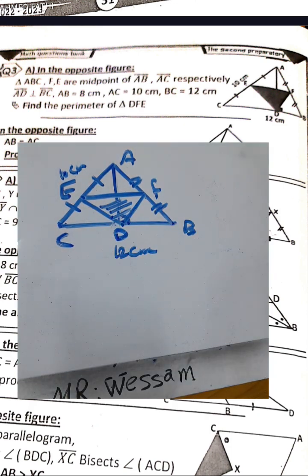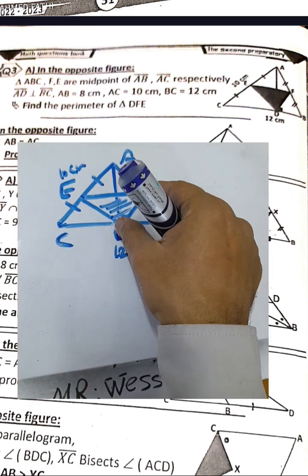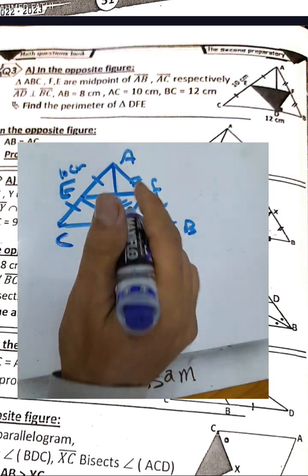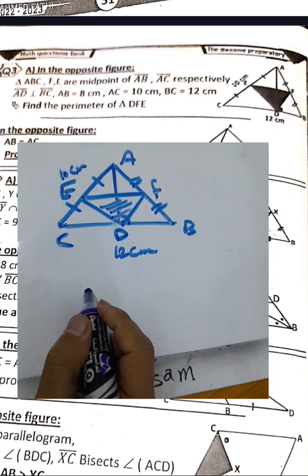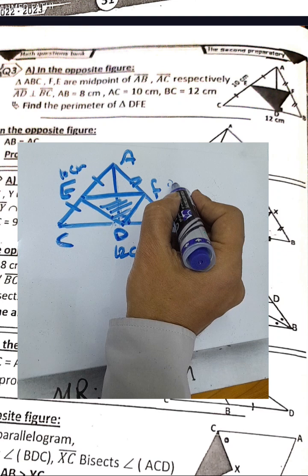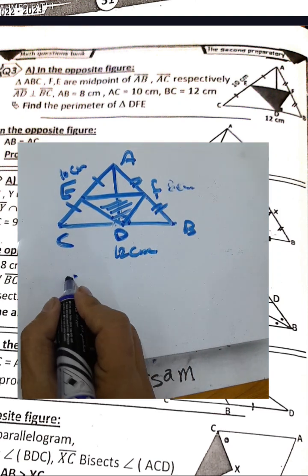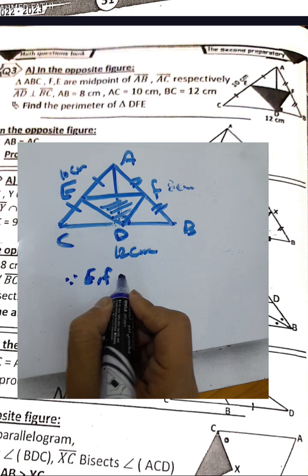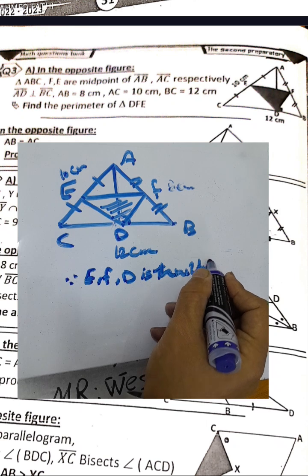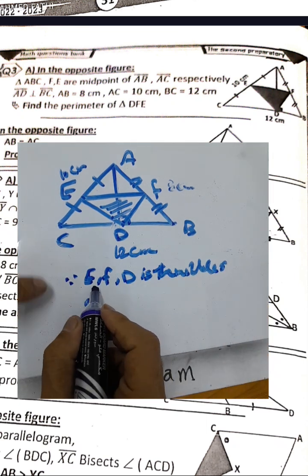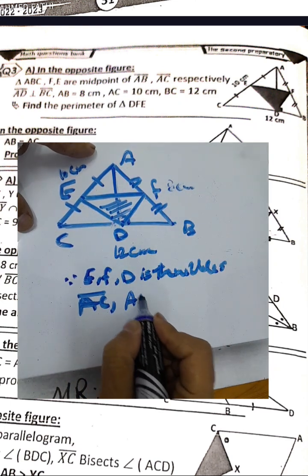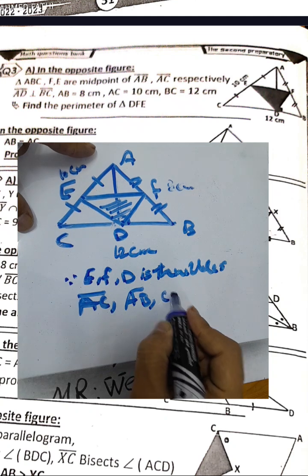First, DF is parallel to AC, which is 10, then DF will be half of it. And this side length parallel to CB will be 6 centimeters. And he gave us the 12 centimeters base and 10, and AB was 8 centimeters. Such that E and F and D are the midpoints: E middle of AC, F middle of AB, and D middle of CB.